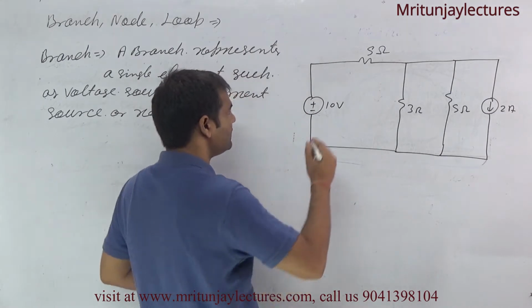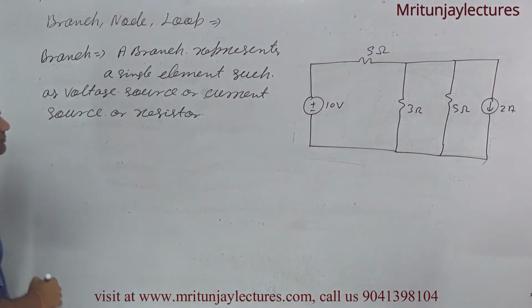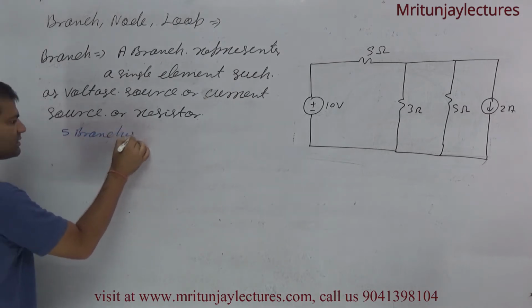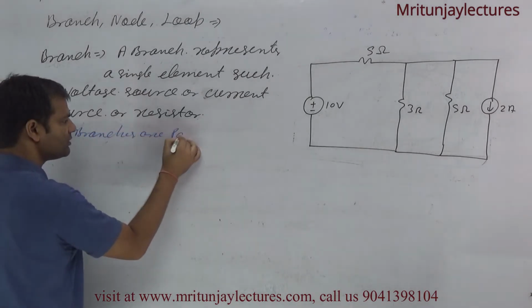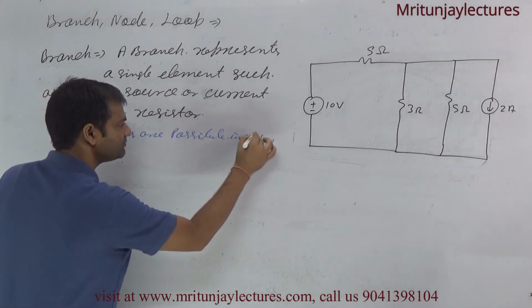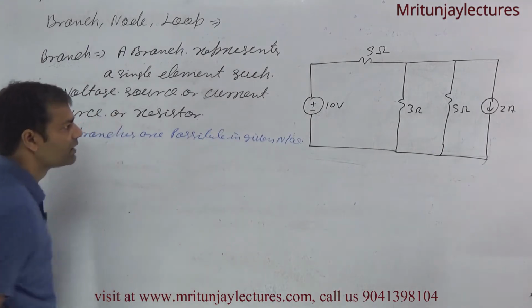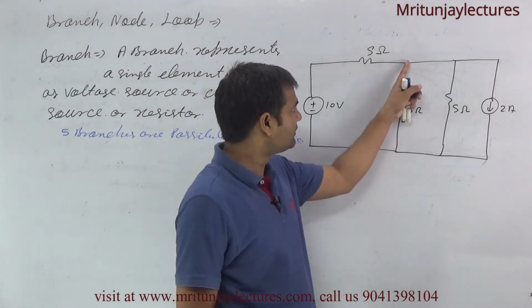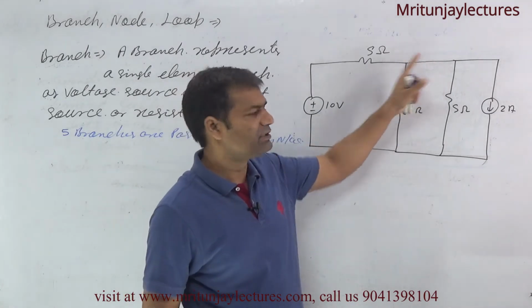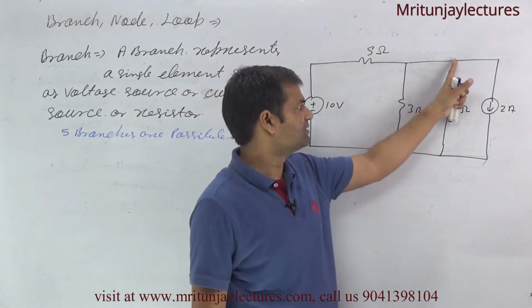It means 5 branches are possible in the given network. Clear? In between this point and this point, there is no element, so you should not consider that a branch.